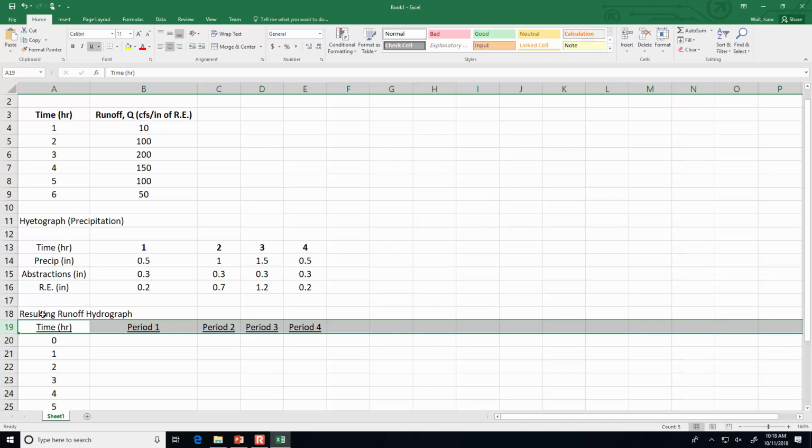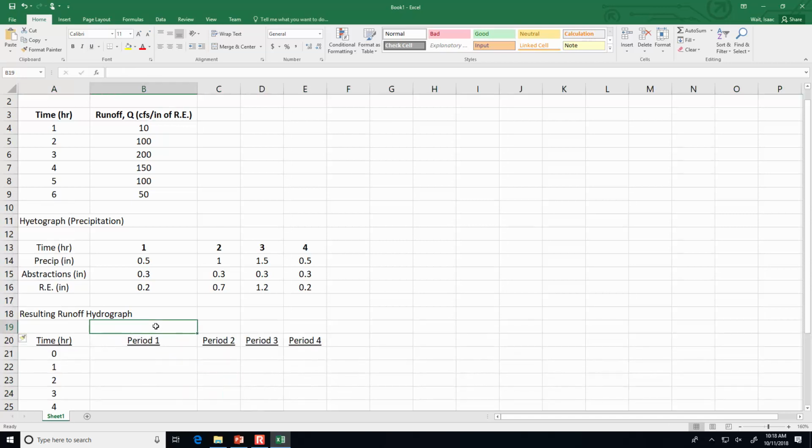So maybe I'll put kind of a secondary description here that what we're calculating is the rainfall excess in inches during the period shown.